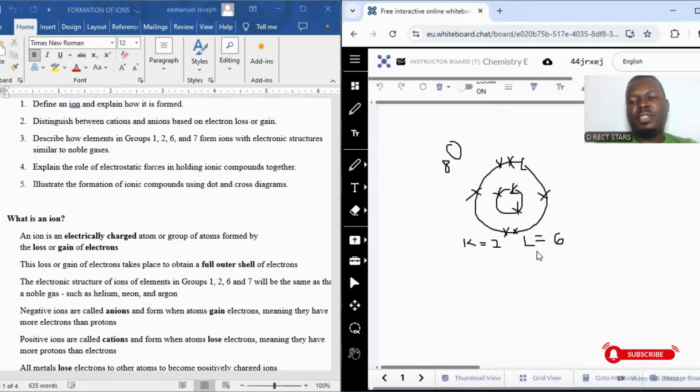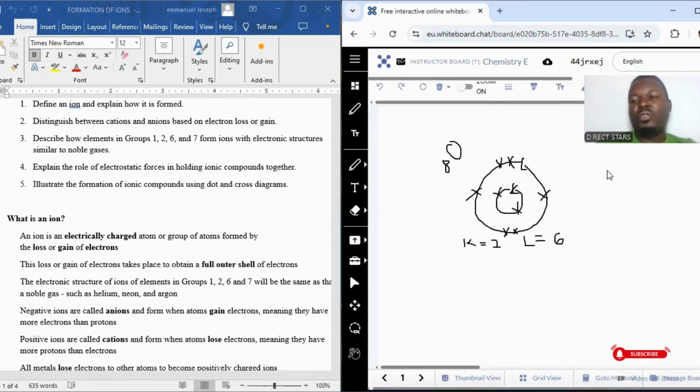Our L shell is supposed to be 8 and not 6. So it's short of 2 electrons. So for the oxygen atom to achieve stability, it has to form an ion by gaining how many electrons? Because it's short of 2 electrons.